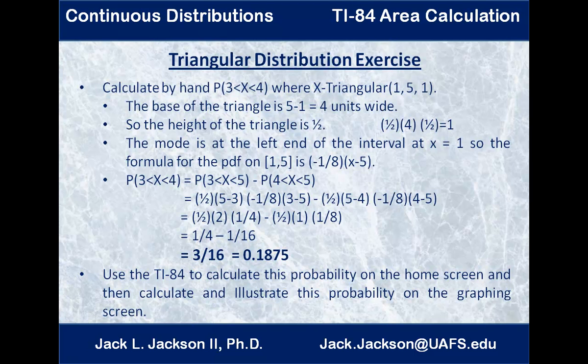So the probability that x is between 3 and 4, we really want to think of this as a triangle, big triangle minus little triangle. The big triangle is going to go from 3 to 5.